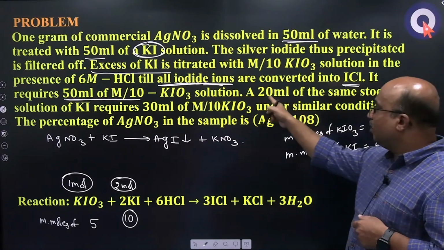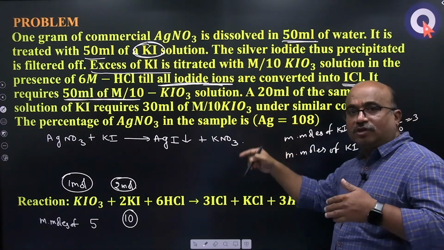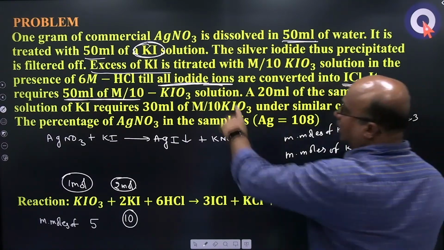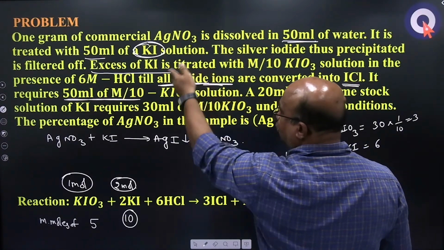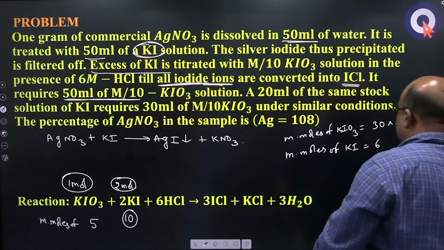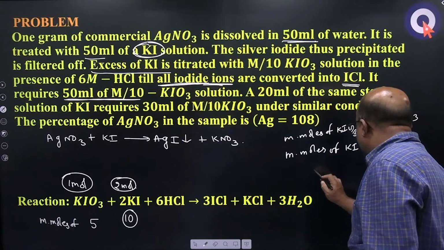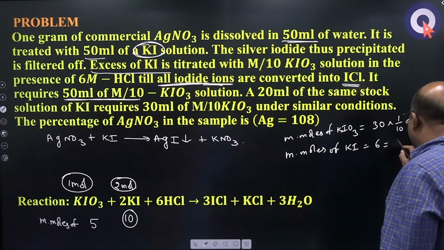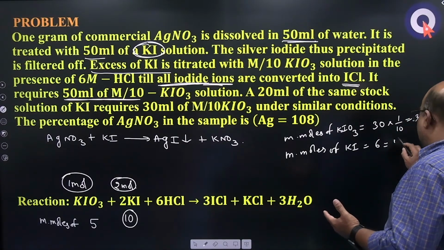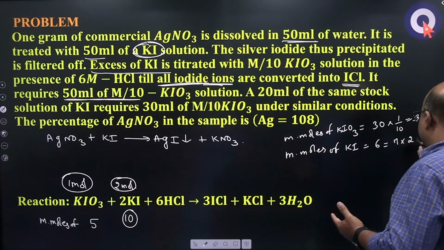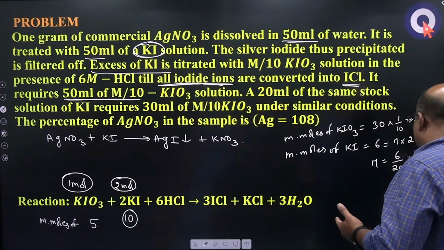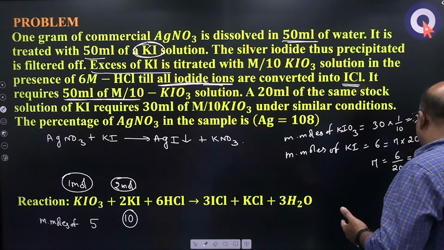But that we should get from 20 ml solution, which is of a particular concentration. So what is the concentration of that KI solution which we used? So number of millimoles of KI is 6, that has to be equal to molarity into volume. Molarity we don't know, volume is 20. So molarity is 6 by 20, or it is nothing but 3 by 10.